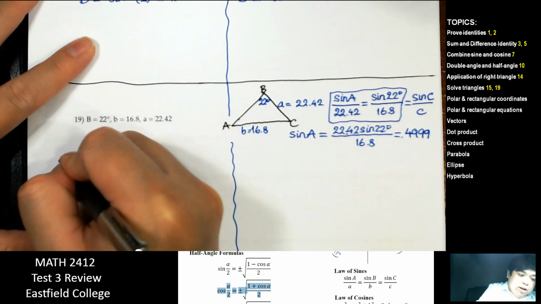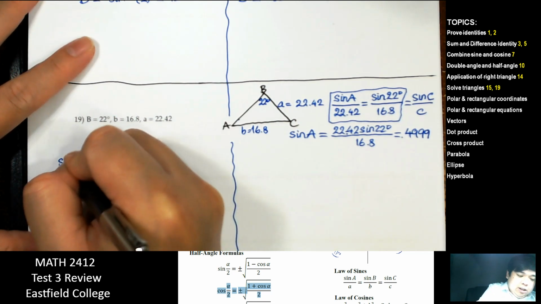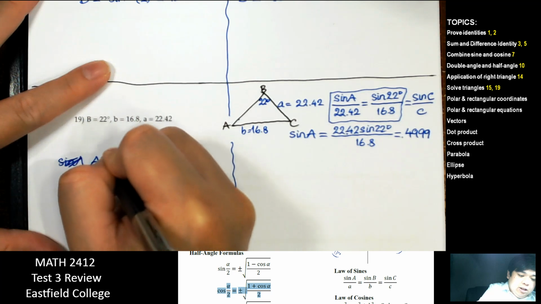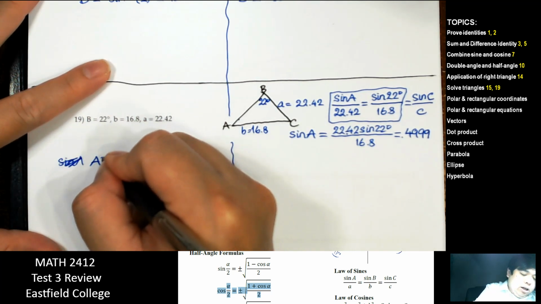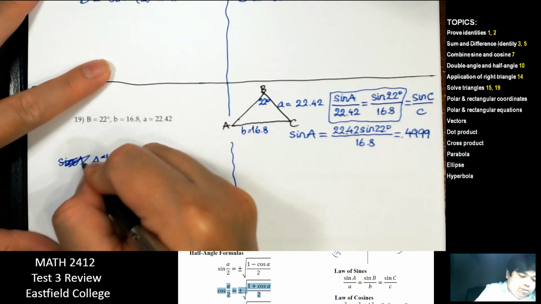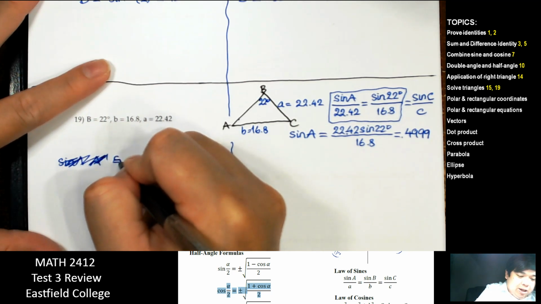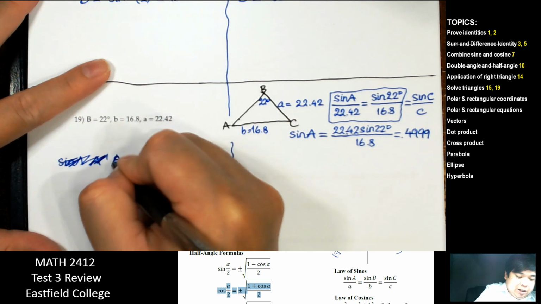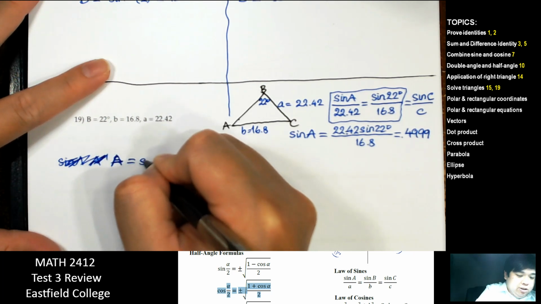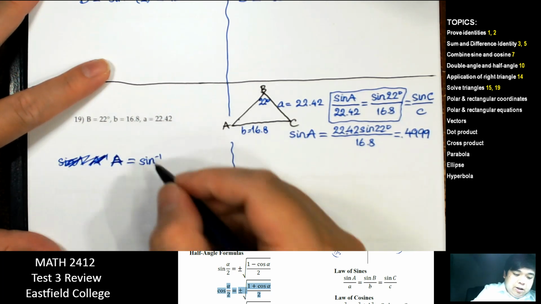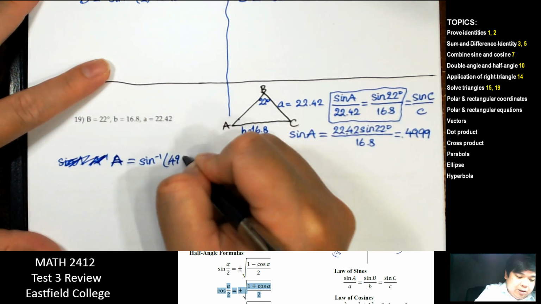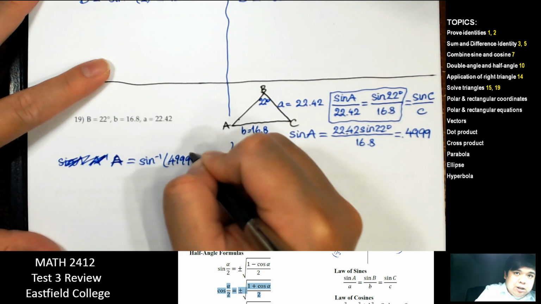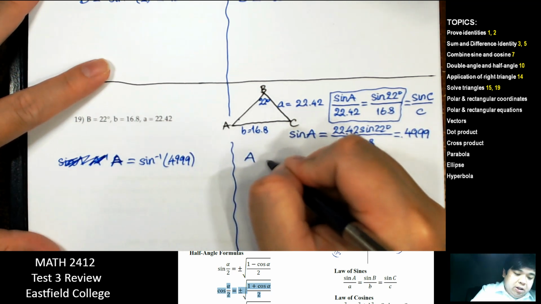We have sine of A, I should say the angle A equal to sine inverse of that, or the supplement to it.